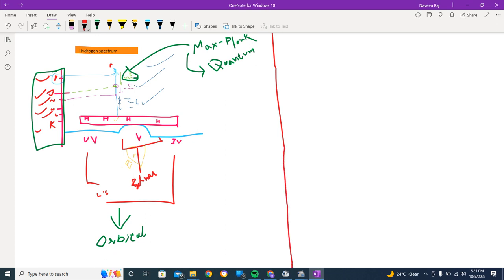Today we'll be talking about suborbits. When the orbits got discovered, we then got the suborbits.